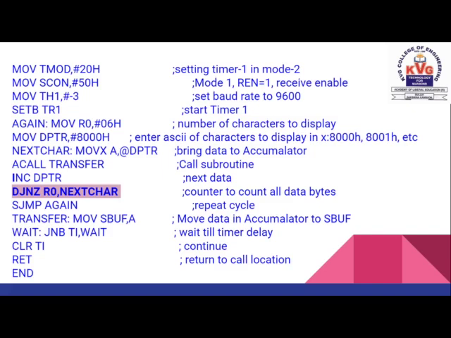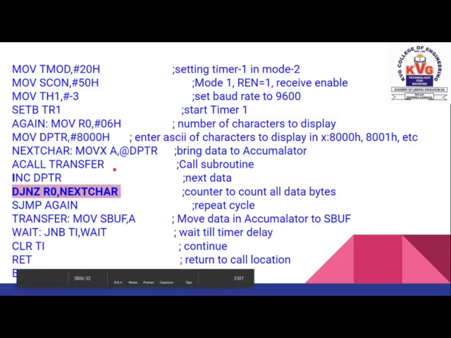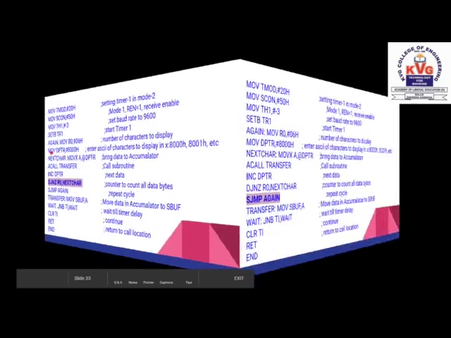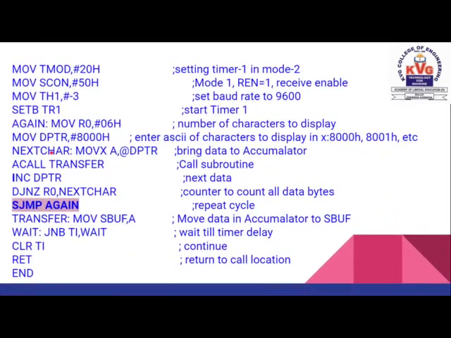If R0 is not 0, then go to the next character and repeat the same procedure. When all the 6 characters have been transmitted through the serial port, start the program from the beginning. This is an infinite loop where the set of characters will be transmitted repeatedly till we stop running the program.